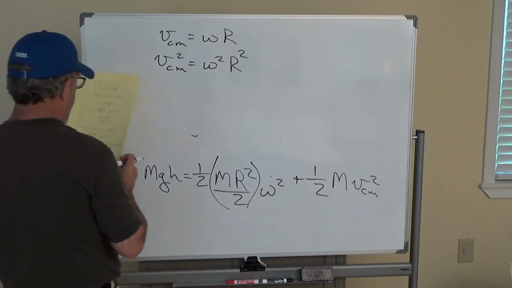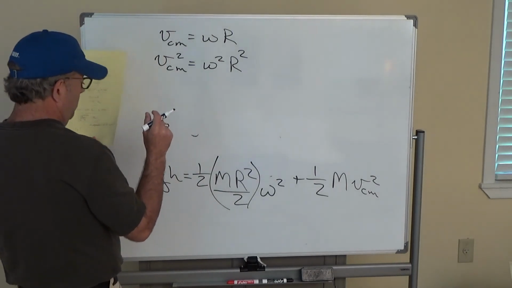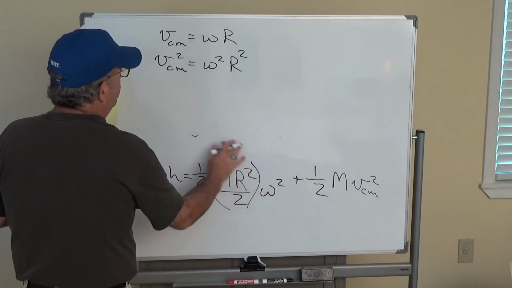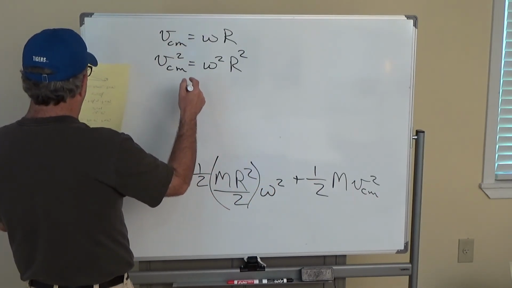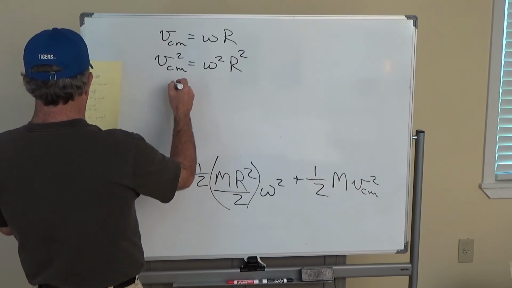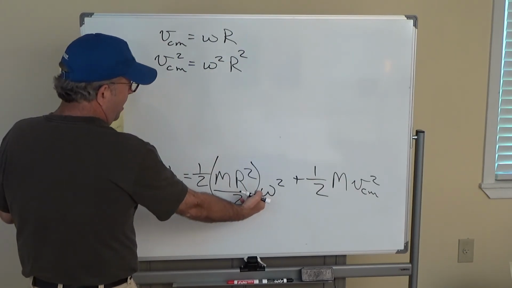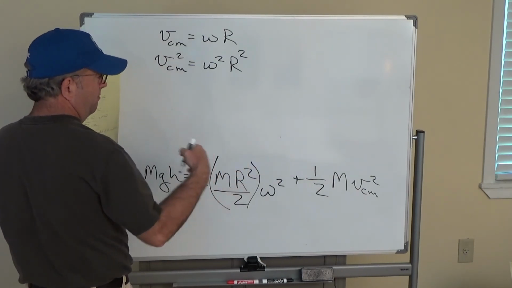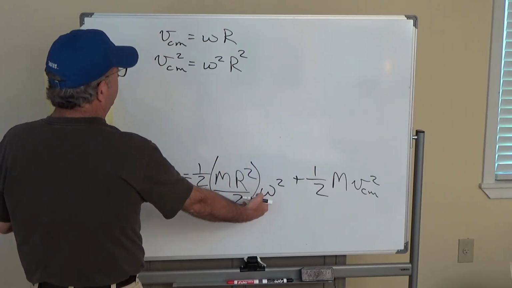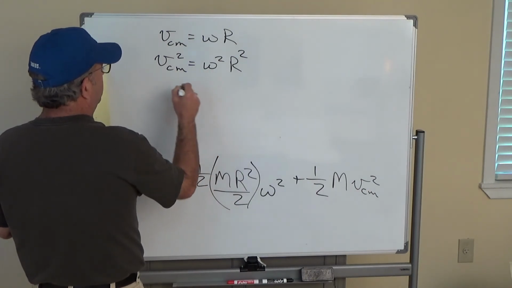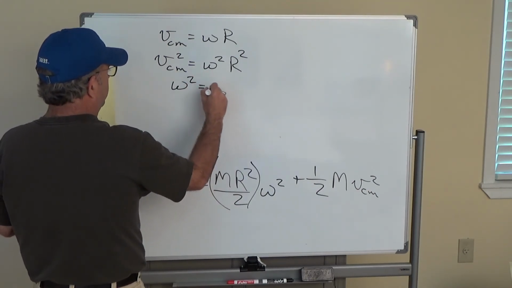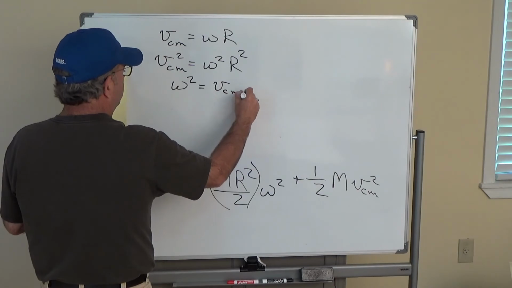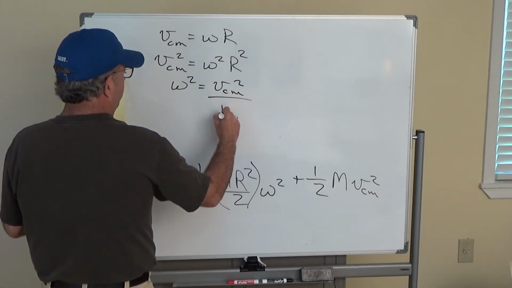Okay. So I want to write it as omega squared, because since I'm looking for that final translational velocity, I'm going to replace this omega squared with V center of mass squared over r squared.